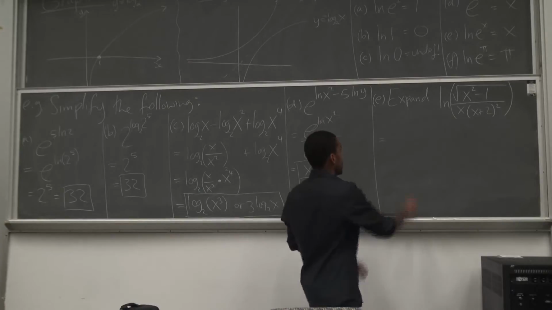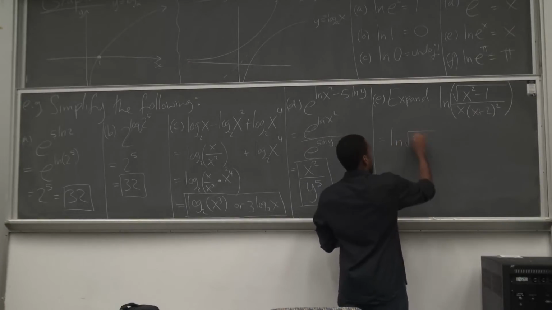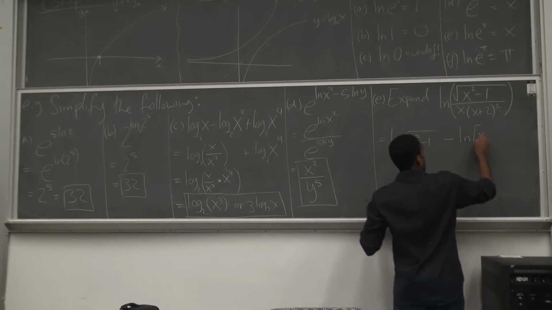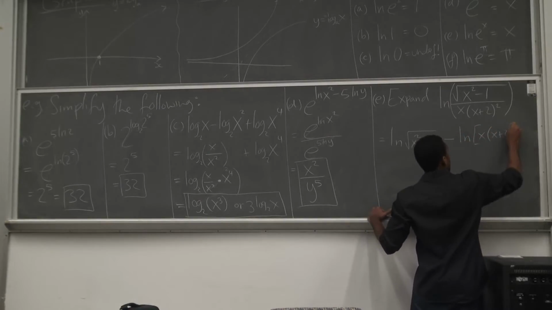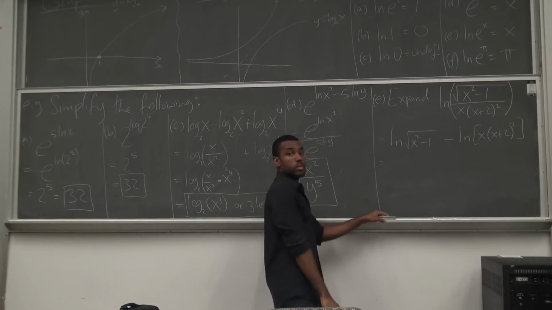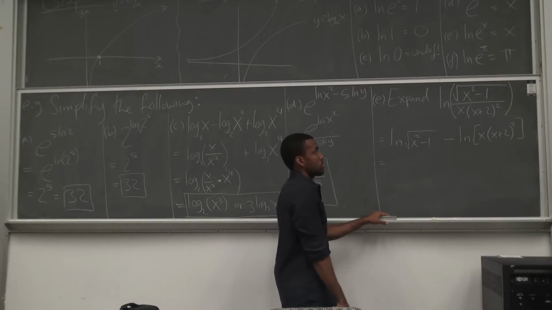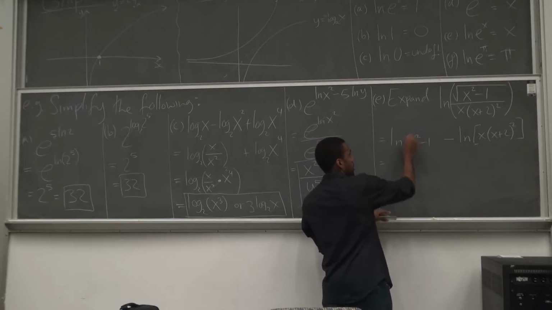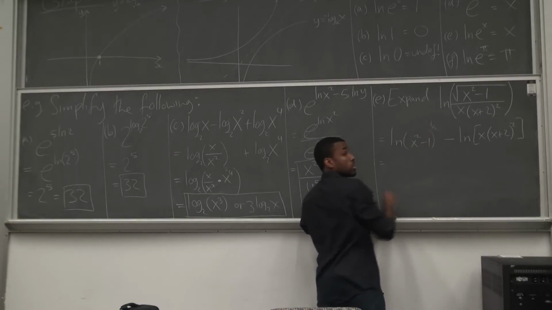Minus ln of all of this. Okay, what else? The square root would be half ln x squared minus 1. Right, now the square root, remember a square root is actually a 1/2 power.